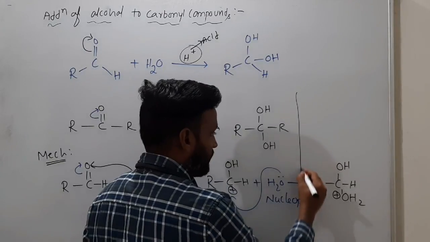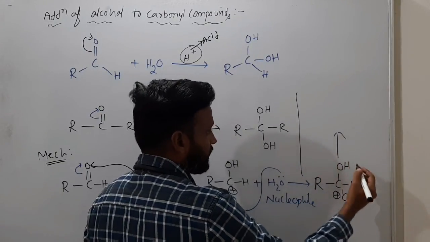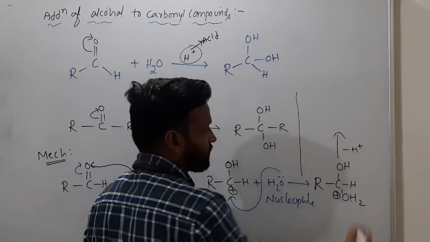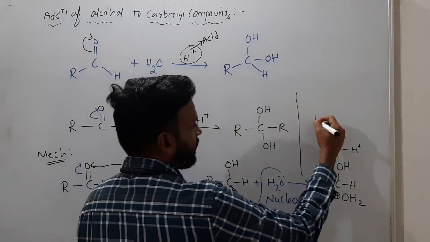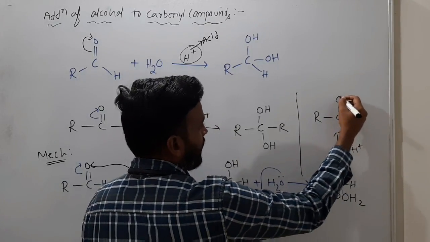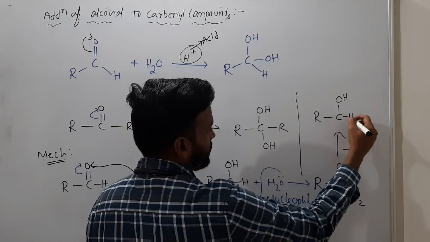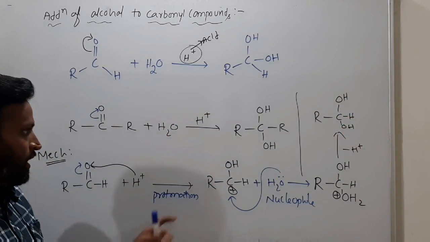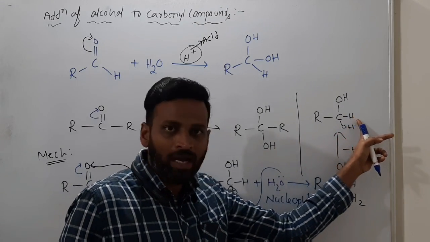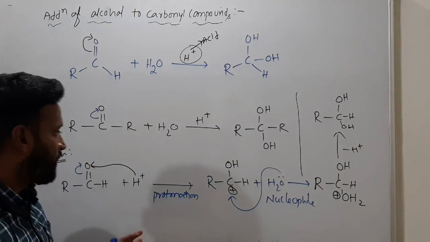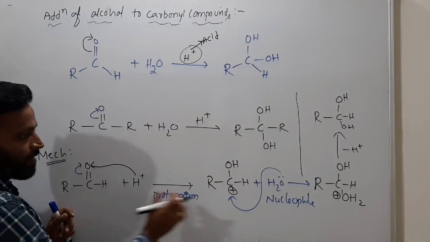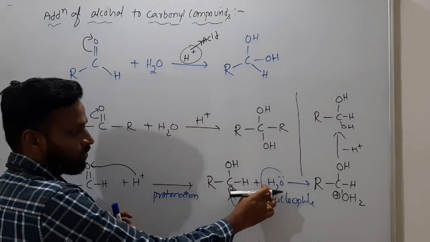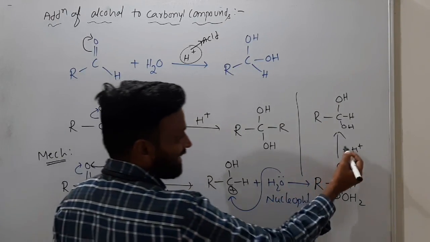Next what happens, can you guess? Removal of proton. H plus will be removed. Certainly you have R, C and OH and H and OH like this. So diols you have. If instead of this hydrogen you have R, it is the ketone mechanism. First protonation happened, then nucleophile addition. Who is the nucleophile? Water, and then deprotonation.